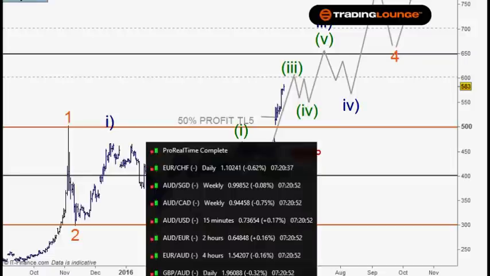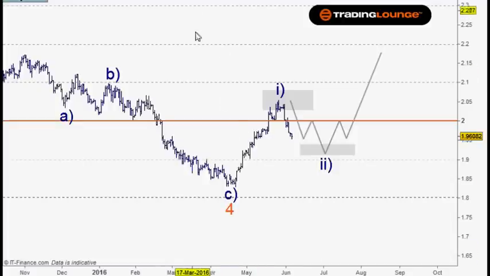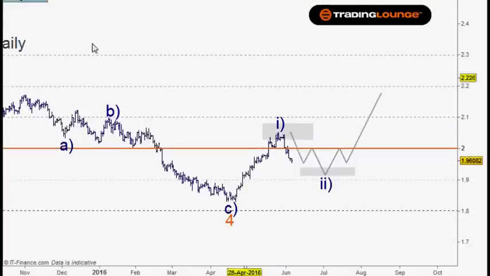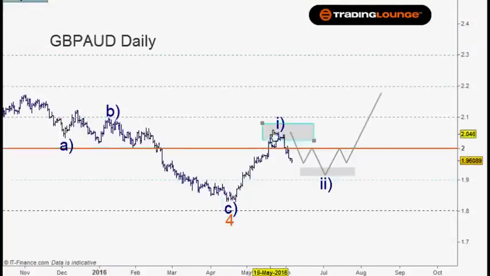Okay, so that's done. I want to have a look at the pound Aussie. Sorry, this is on a daily chart. Just grab my little tag here. There we go. So we've been tracking 5 waves to the upside here, and looking for a move back into this space here, the 50-60% area.